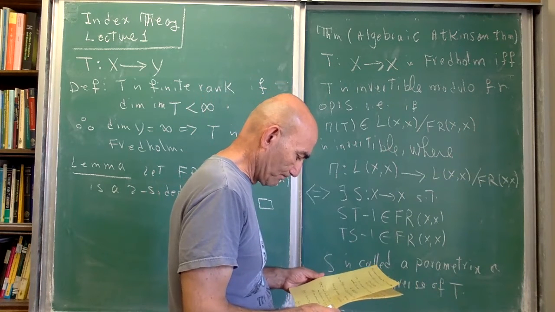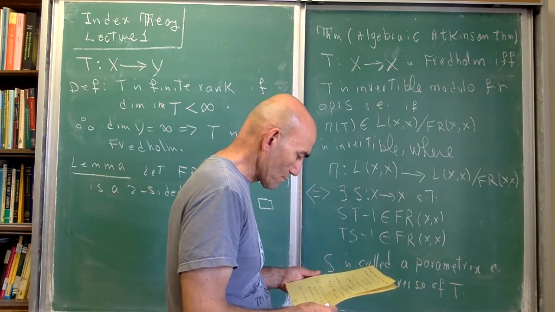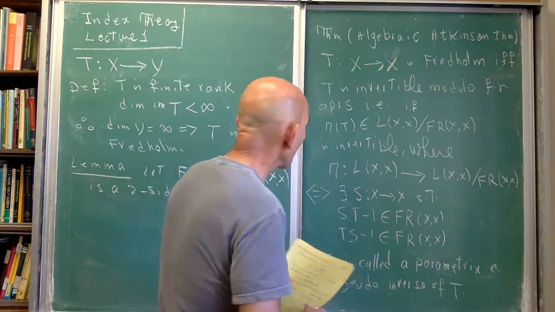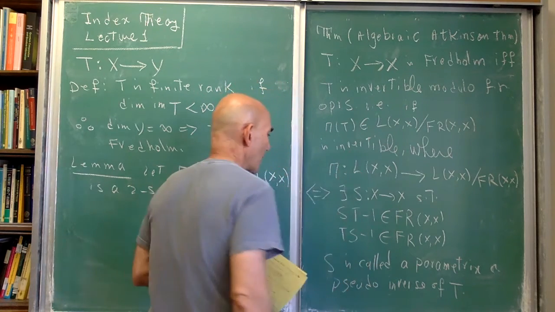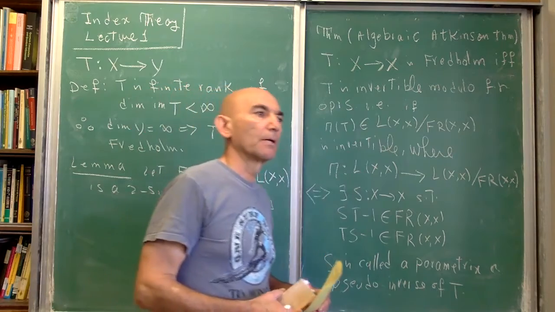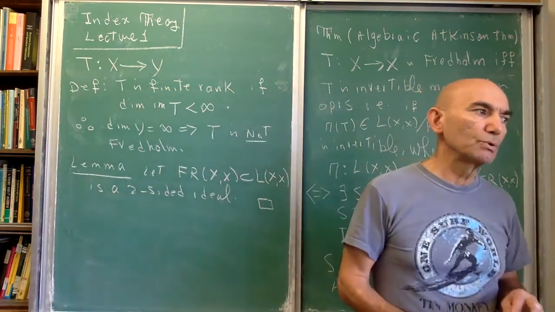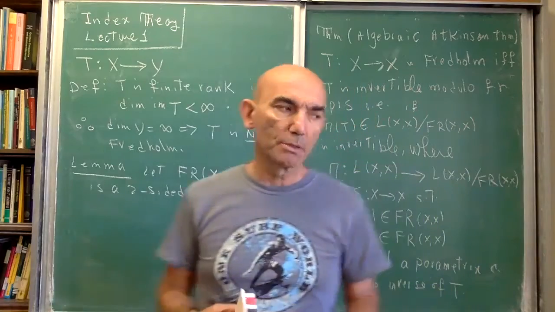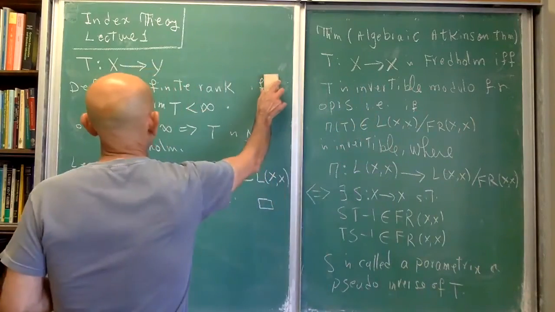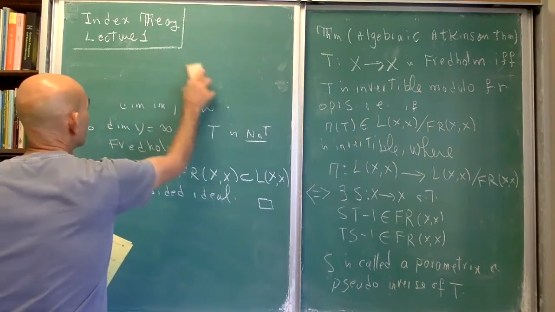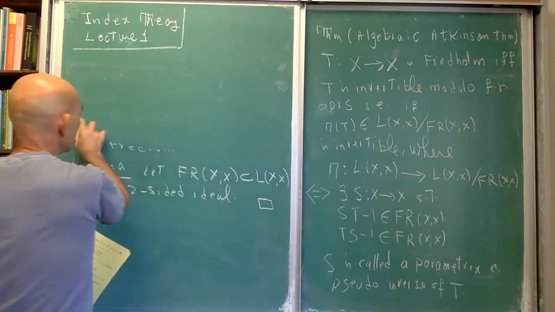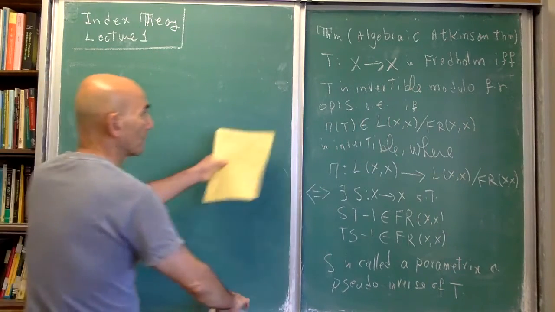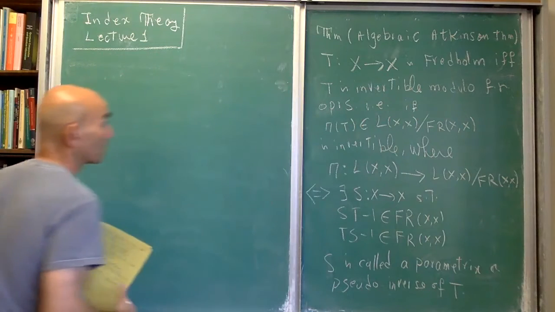The corollary of this result is that if you have two Fredholm operators and you multiply them, you're going to get a Fredholm operator again. That's very interesting, and not really an important result, but it follows easily from this characterization.